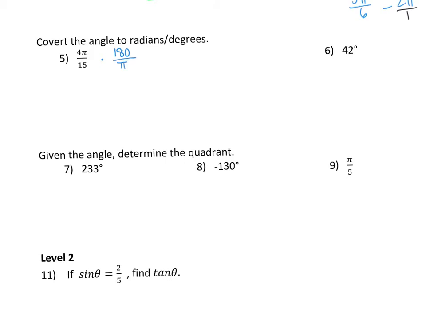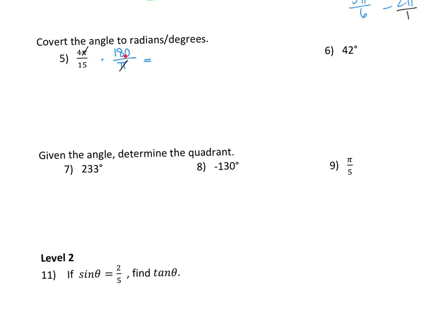Anytime you have something in radians, make sure the denominator has the pi and the top is the 180 for degrees. You want the pi in the denominator so you can cancel out the pi's diagonally when you're converting from radians to degrees. So when I multiply this out, I get the pi's to cancel.